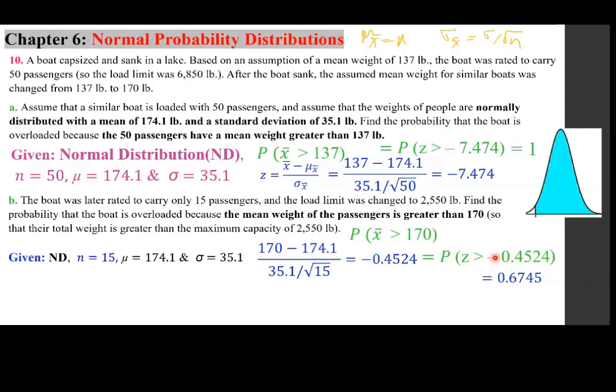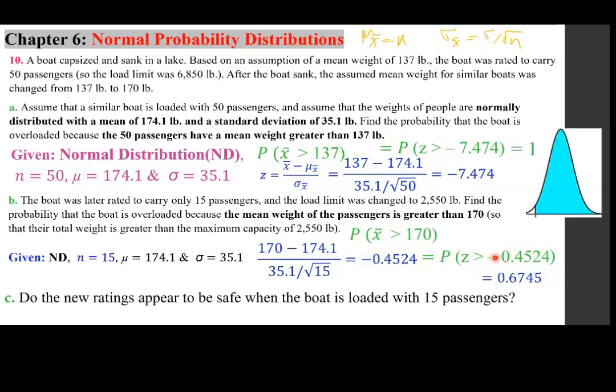You don't even have to graph it to see it by now. Do the new ratings make things any better? Are they safer? Because there is a high probability of overloading, we're talking about 67.45%. Because there is a high probability of overloading, the new ratings do not appear to be safe when the boat is loaded with 15 passengers.